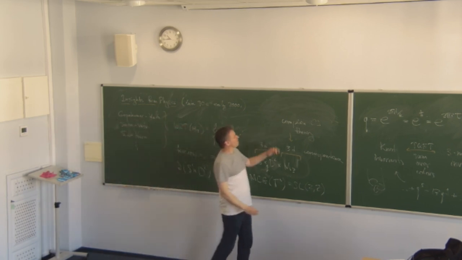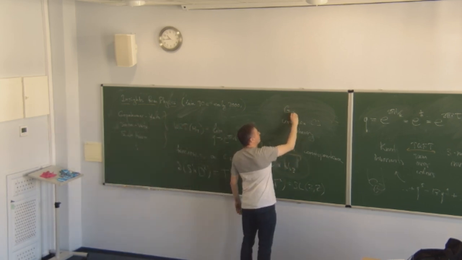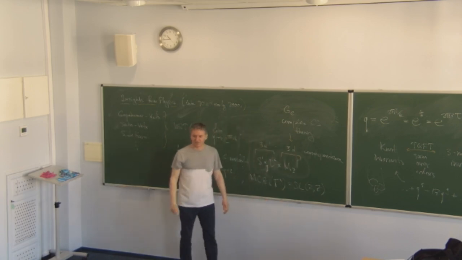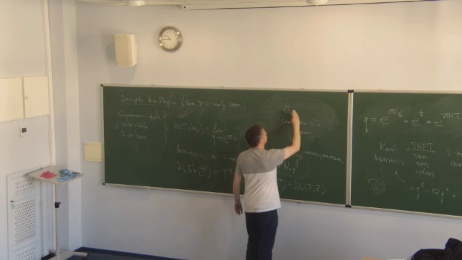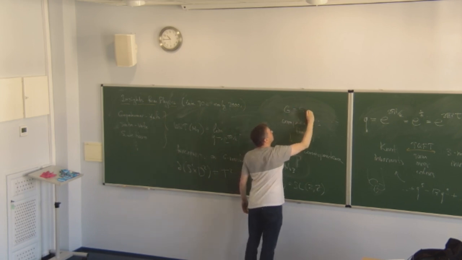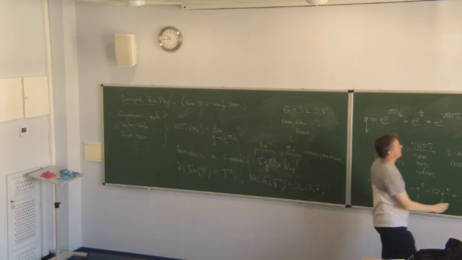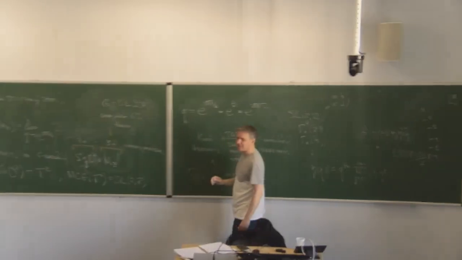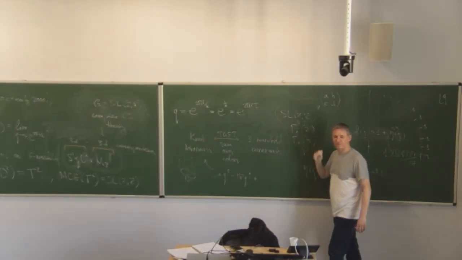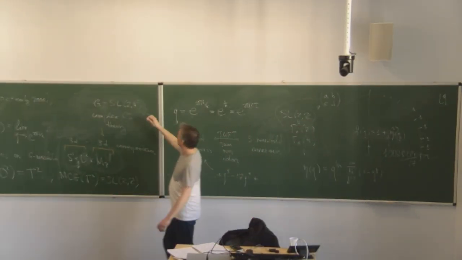And complex means that our group now is complex. So compared to what I told you in the very beginning, we take G, say if it was SU2, we complexify it, and it becomes SL2C. Not to be confused with SL2Z that I wrote here. That could be related to the symmetry of the problem. This is the gauge group.